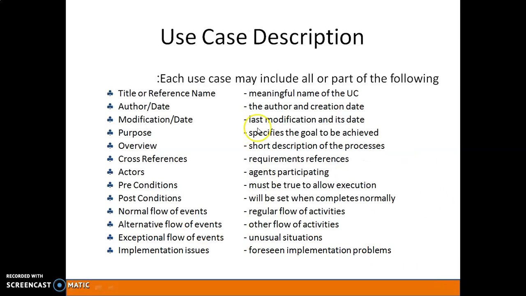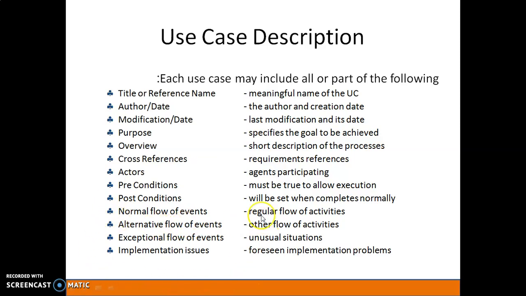Then the use case description. Each use case may include all or part of the following. These are the things that can be included while drawing the use case diagram. For example, title or reference name, author, date, modification, purpose, and cross references. That means requirement references can be given. Actors, the agents participating; as you already know, actors can be a system as well as a user. Preconditions and postconditions can be specified.